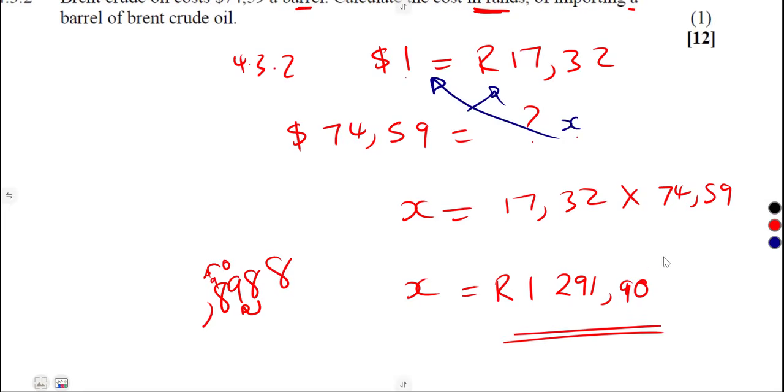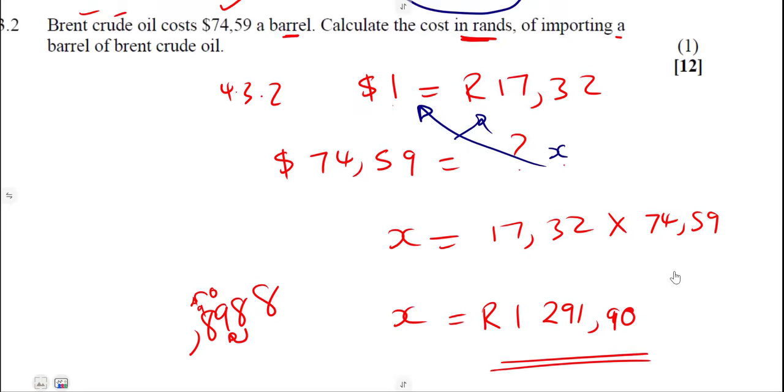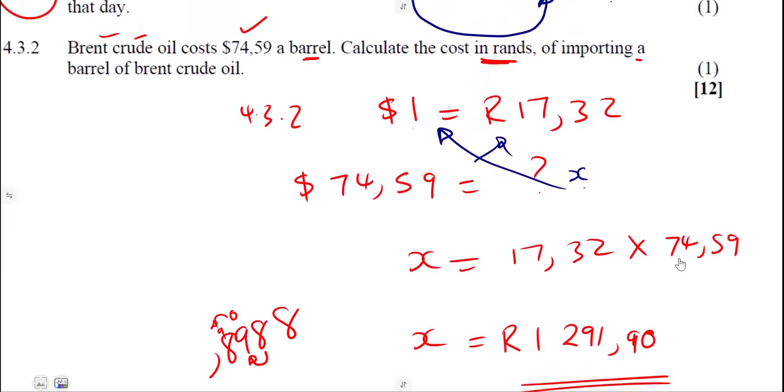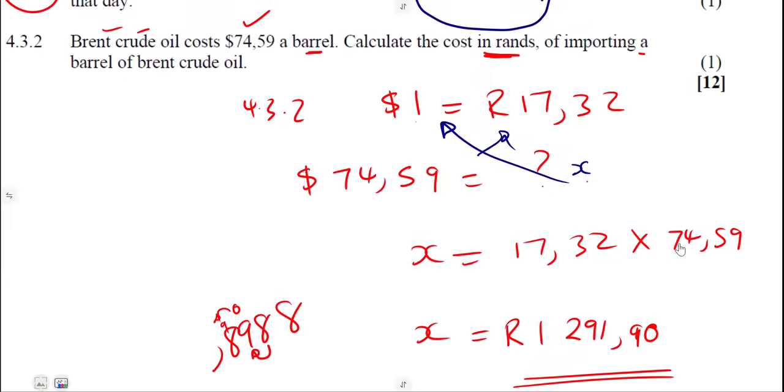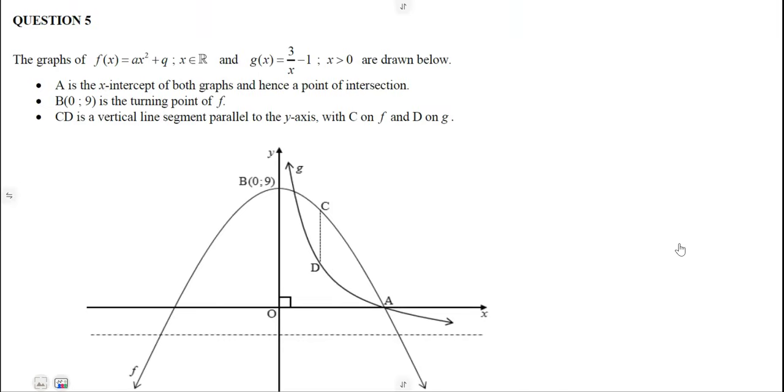Or you can just fix your calculator to 2 decimal places, guys. You're going to get your answers direct. You know that your answers, all of them, will actually be direct from what you are given from that particular section.